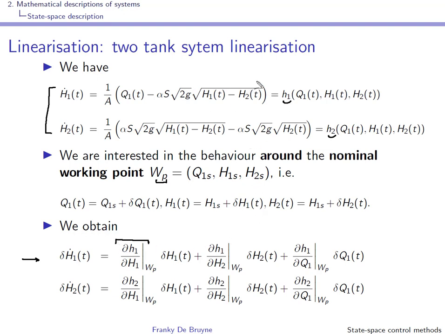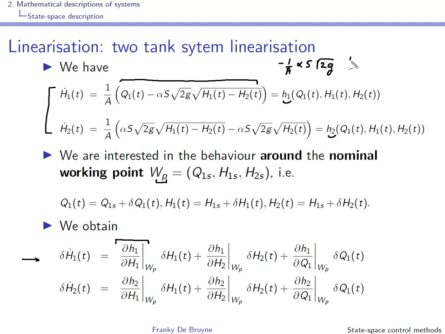So H1 is this relation, right? So if we take the partial derivative, what we'll have is minus, so this one will not contribute. We take the partial derivative with respect to H1, we'll have minus 1 over A alpha S square root of 2G. Then we have to take the derivative of this one here.